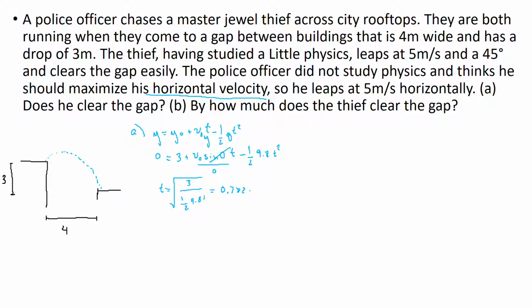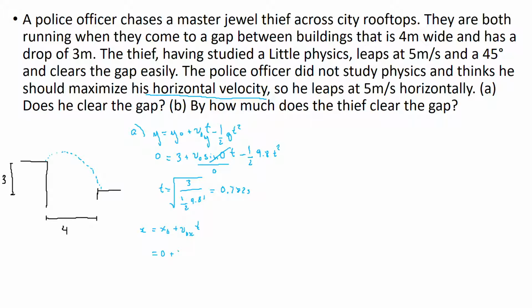From here we know he falls 3 meters in this time. So we now need to know how much distance he covered horizontally. From there we just use this: x equals x0 plus v0 in x times t. The initial position we know is 0.